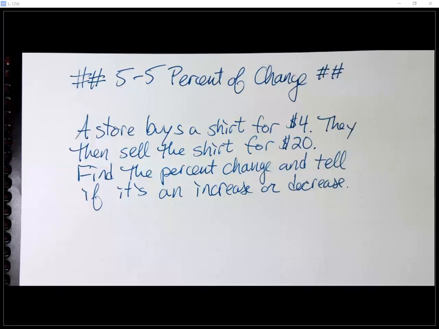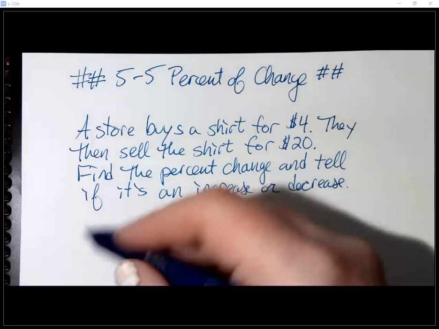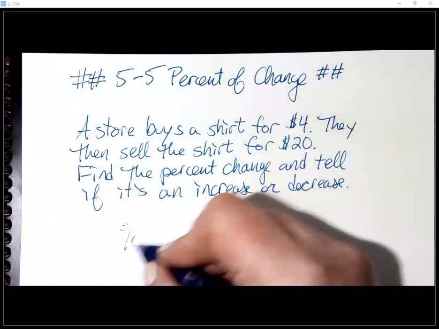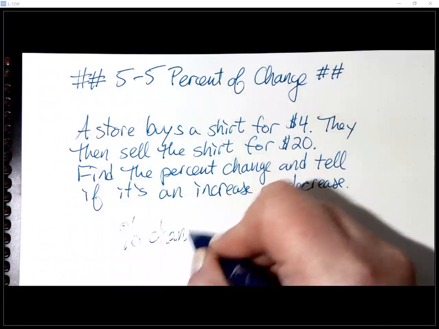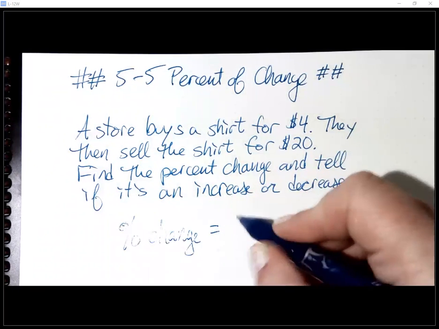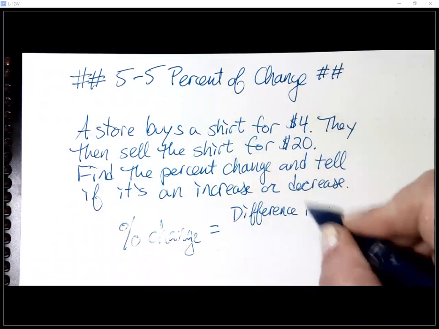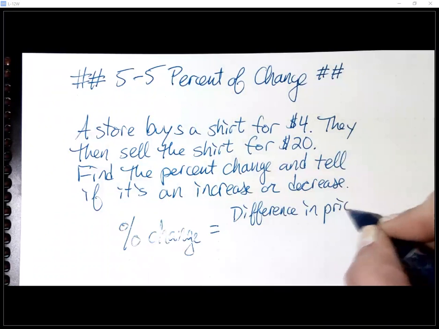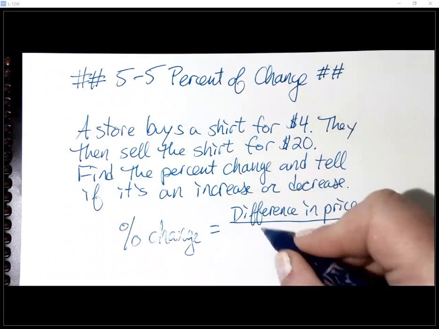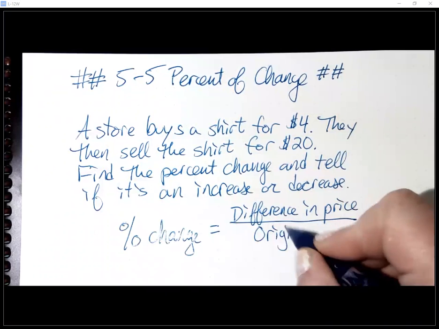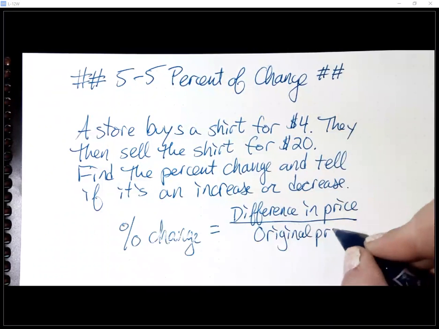So there's a very simple formula. And here it is, percent change. We are going to take the difference in price divided by the original price. So that's going to give us a fraction.